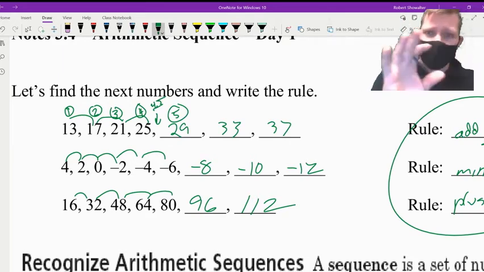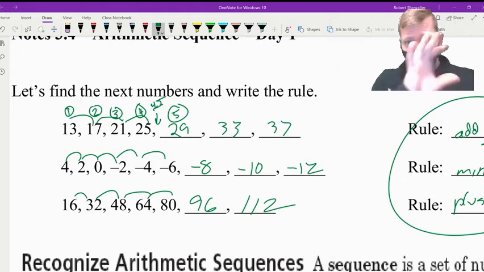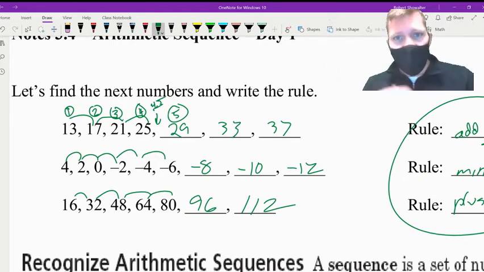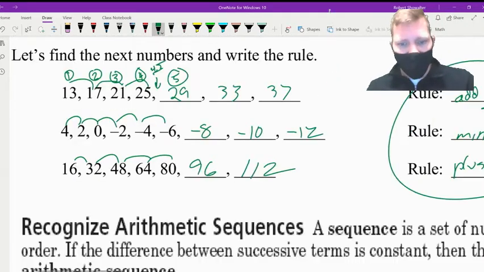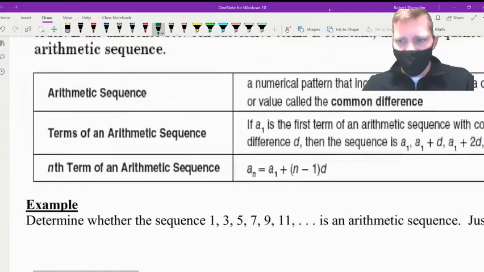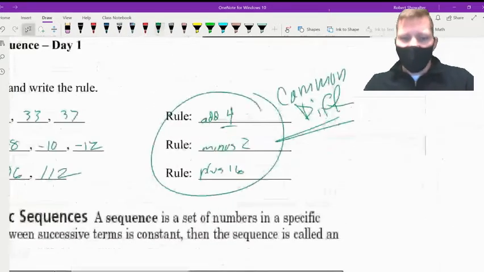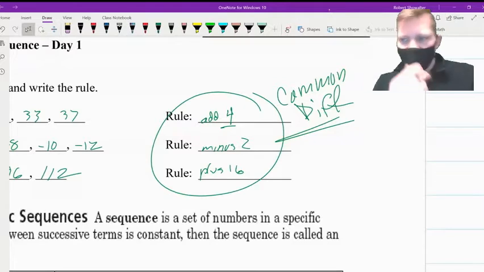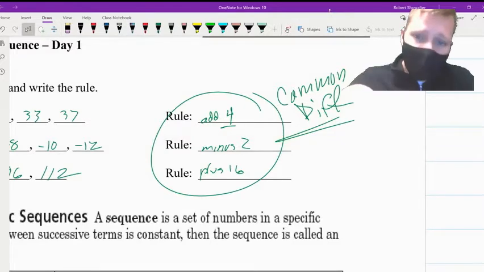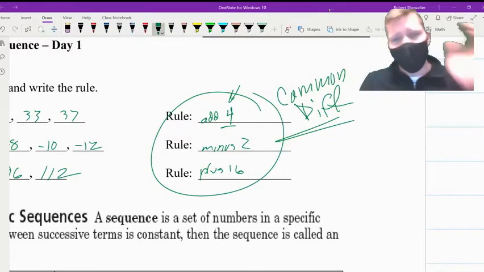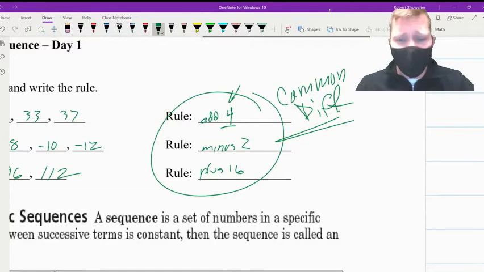Because there is a constant rate of change from one term to the next, these can be modeled with a linear equation. There are specific things that are important in order to write the equation. In particular, we have this thing called the common difference, which is also known as the rate of change for us.